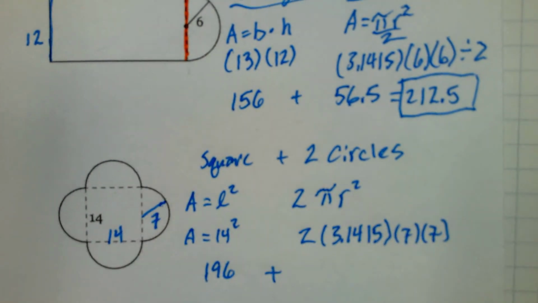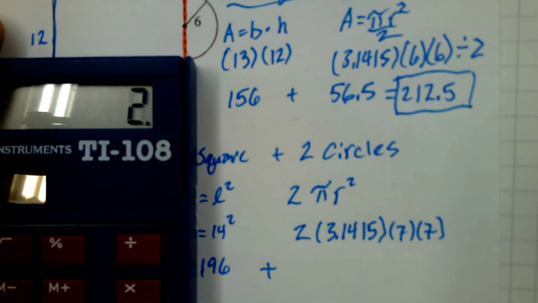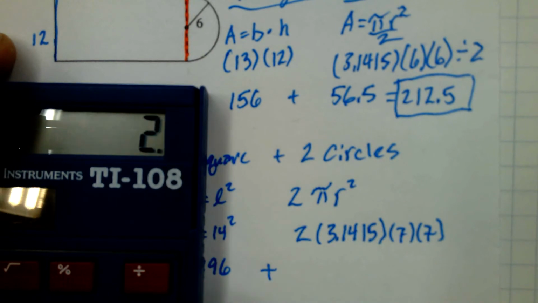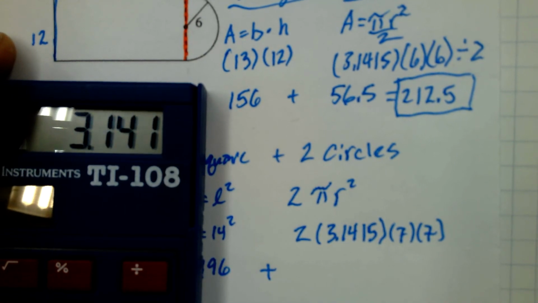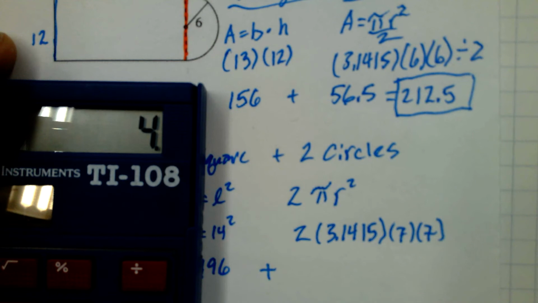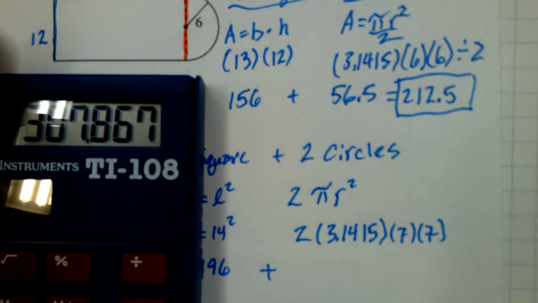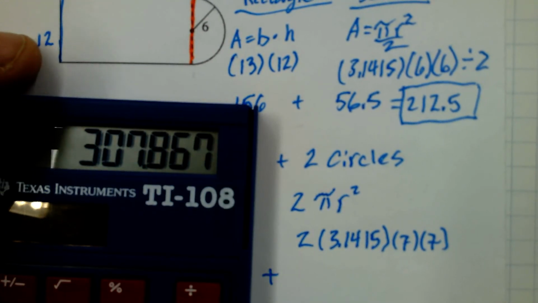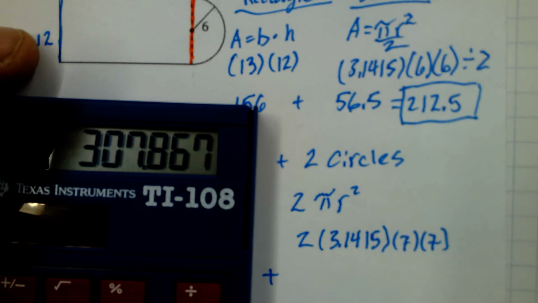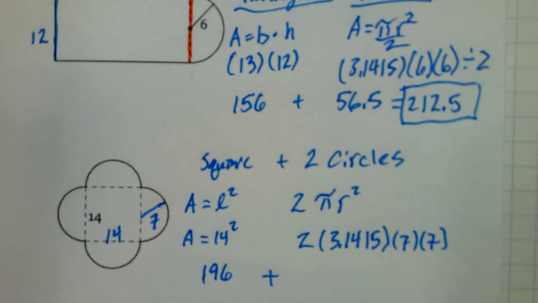So let's do that. I got 307.9 when we round it.